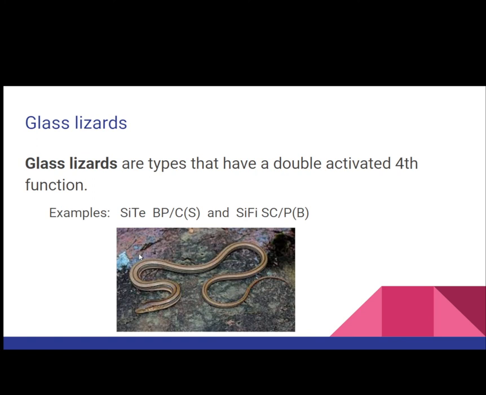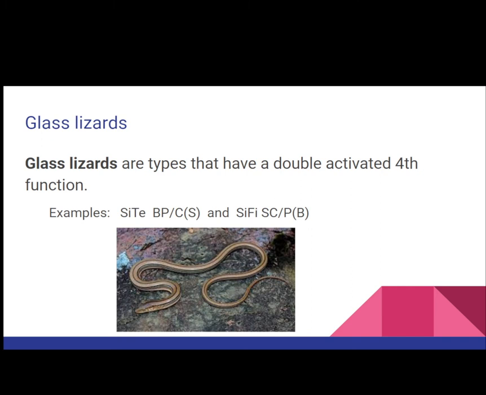A glass lizard is a nickname for a type that has a doubly activated fourth function. These two examples of ISTJs, the ISTJ with blast, play, consume, sleep, and the ISTJ jumper, Si, Fi, sleep, consume, play, blast, both have their bottom function Ne doubly activated.